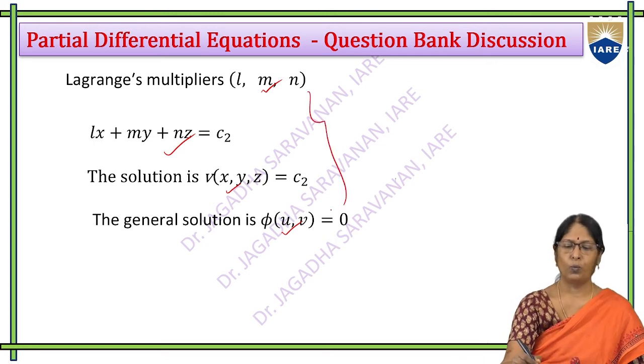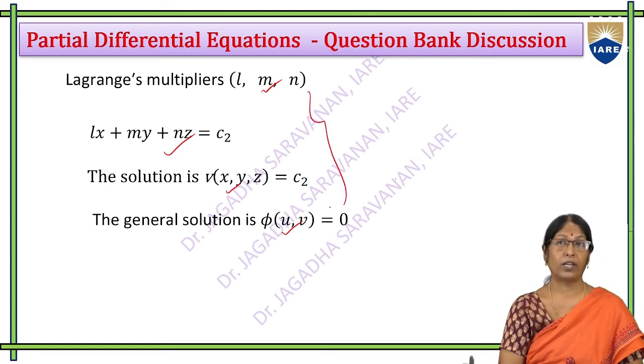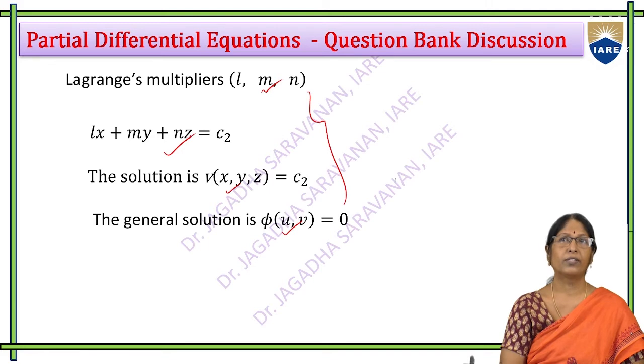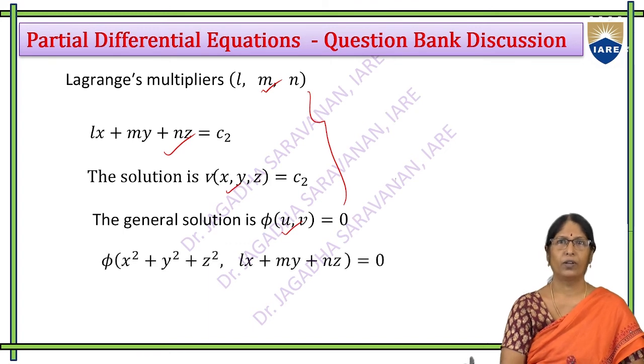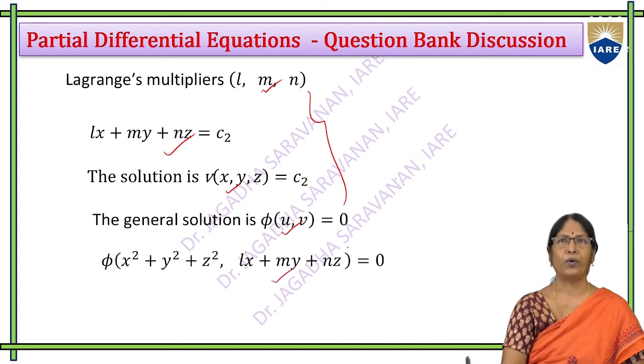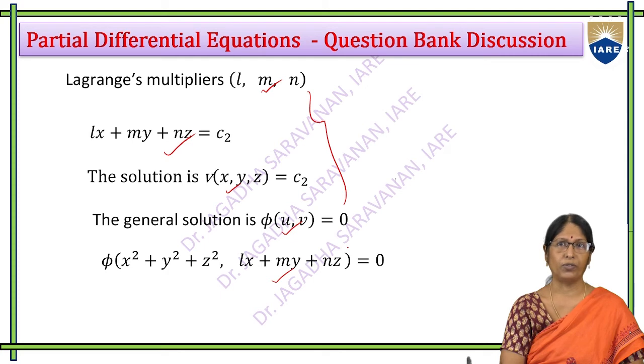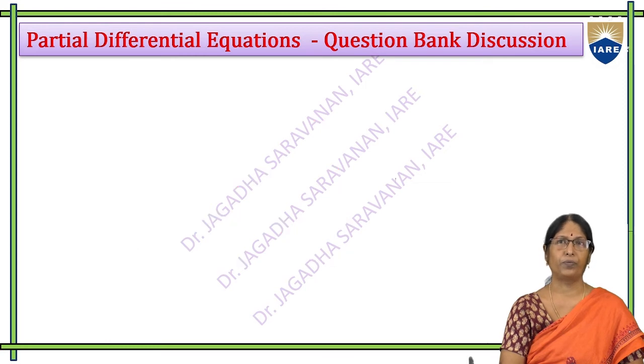For the complete solution of this problem, the Lagrange's linear equation multipliers have a separate video available. So the final one is pi of x square plus y square plus z square comma lx plus my plus nz equal to 0.